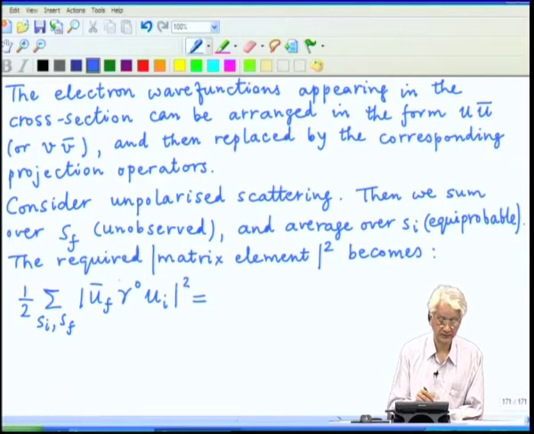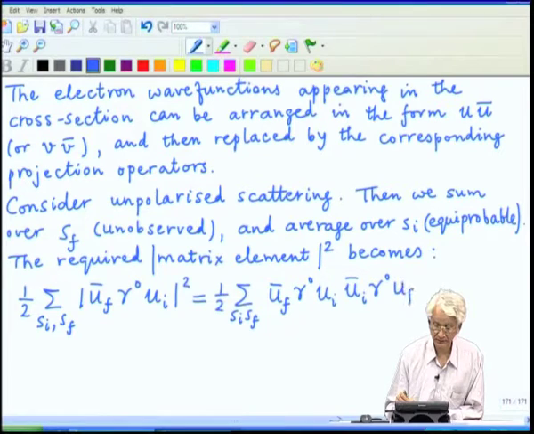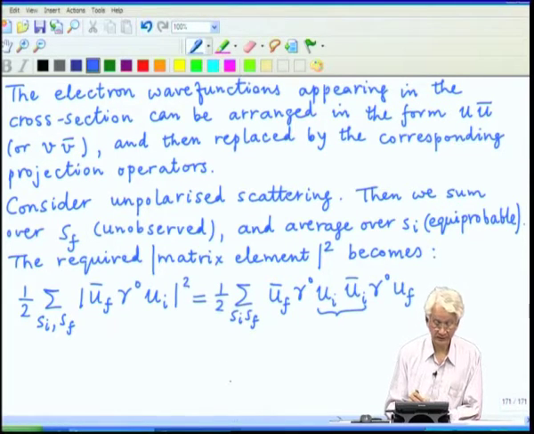It happens that gamma 0 bar is equal to gamma 0. So, nothing happens to that. So, we have now this object equal to half sum over Si Sf, then u bar f gamma 0 ui multiplied by ui bar gamma 0 uf, and here we see the structure explicitly appearing of the u u bar structure, which can be replaced now by a projection operator.